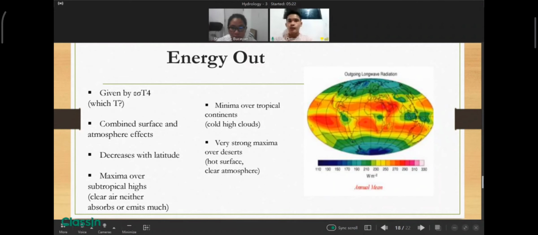hot surface, clear atmosphere. So sa mga nakita natin dito sa picture, ito yung climate or ito yung satellite or solar radiation feature kung paano nagpo-flow yung heat ng mundo. So sa mga nakita natin na mas common yung red or orange sa mga equator side.